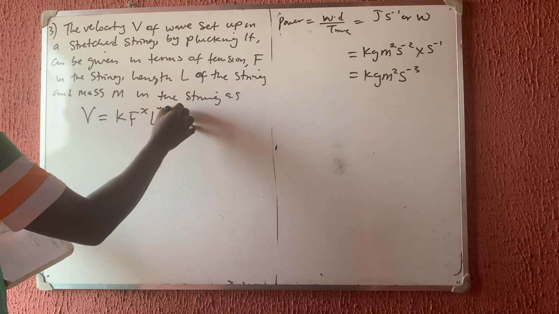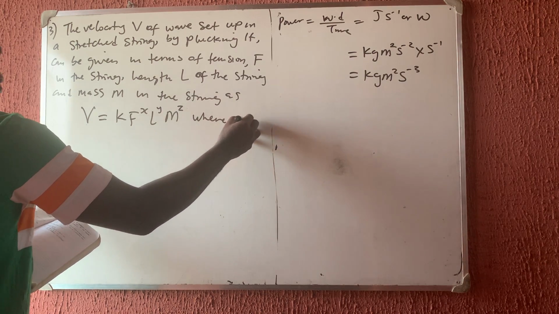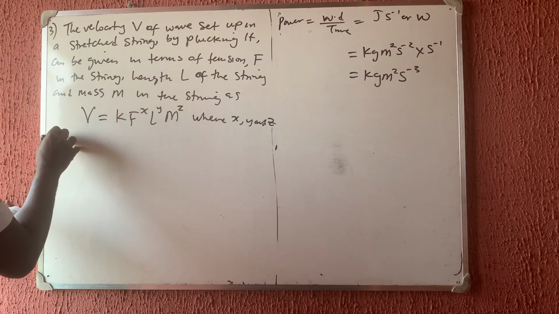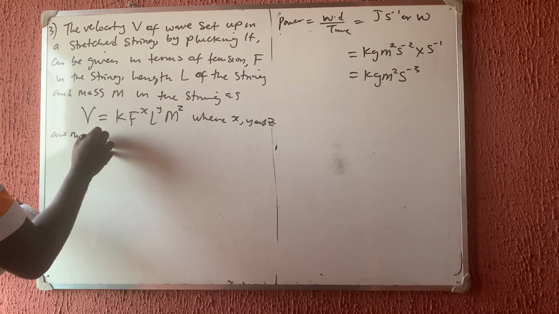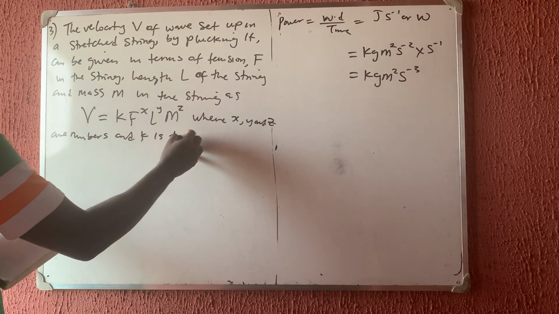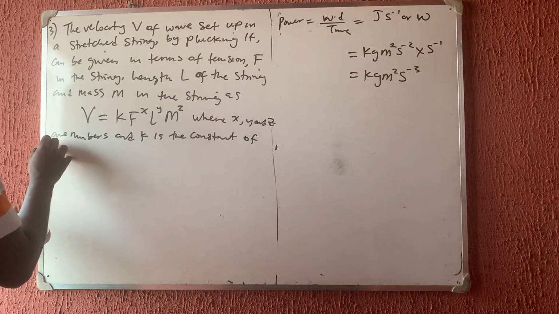The question now said where x, comma, y and z are numbers, and K is the constant of proportionality.